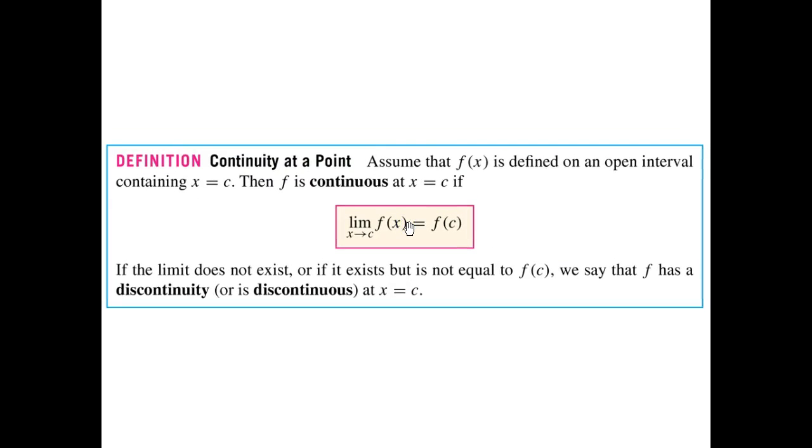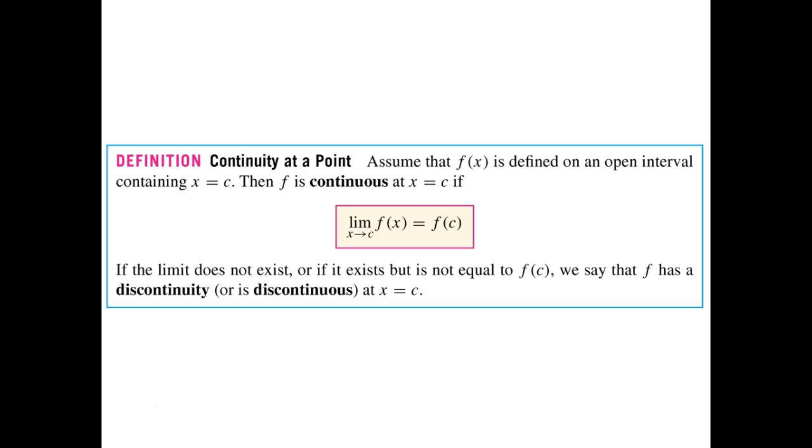All right. Assume that f of x is defined on some open interval containing the value x equals c. Some interval that contains that c. Then f of x is continuous at c if the limit of f of x as x approaches c, from the left and from the right, is equal to f of c.